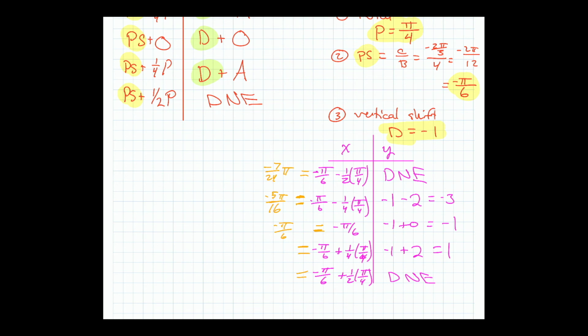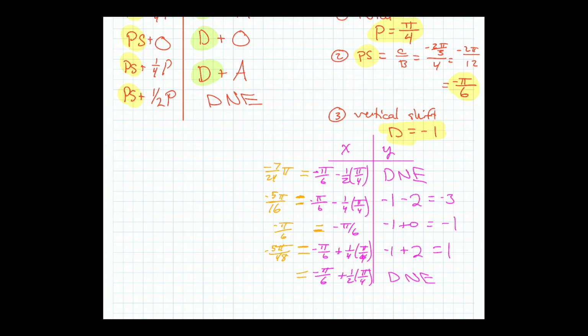Shoot. That's just really pi over 6. Okay. Do not like these numbers. That's negative 5 pi over 48.